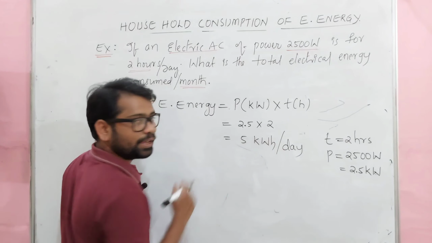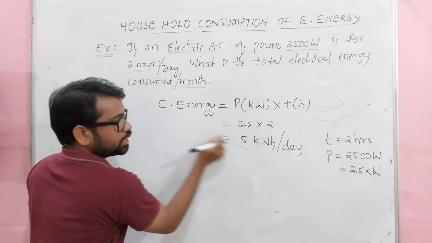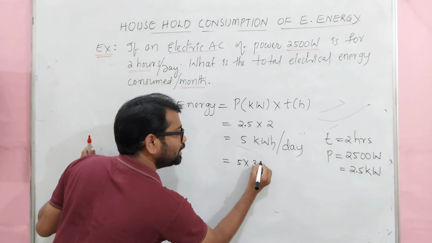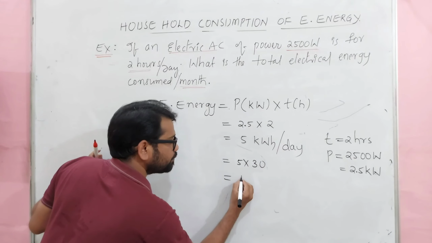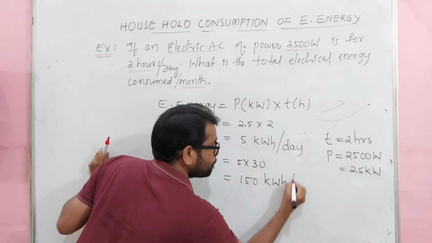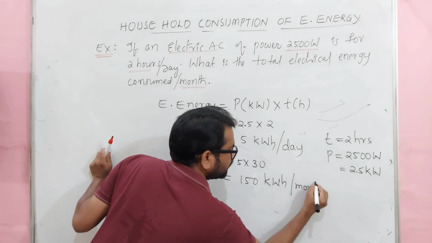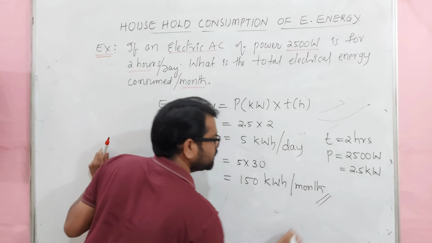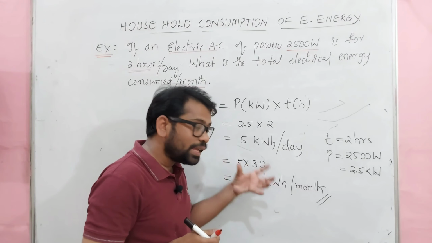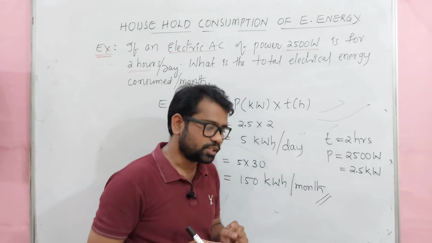So it is per day, and if you want electrical energy consumed per month, we have to multiply with 30. Then you get 150 kilowatt hour per month. So children, this is how we can calculate the electrical energy consumed.